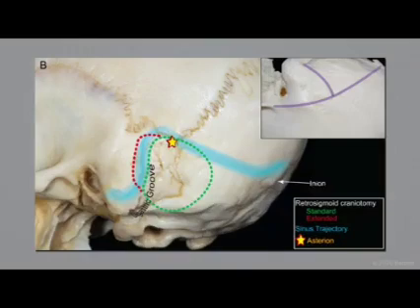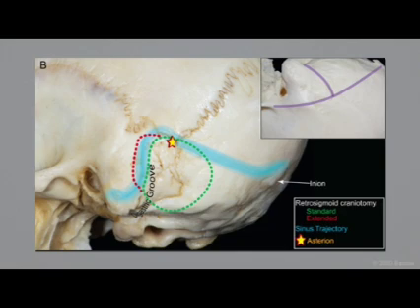Planning the retrosigmoid craniotomy involves being able to anticipate the location of the transverse sigmoid sinus. The asterion, where the lambdoid, occipitomastoid, and parietomastoid sutures meet, may be a good landmark to place that burr hole, posterior and inferior to the transverse sigmoid junction.